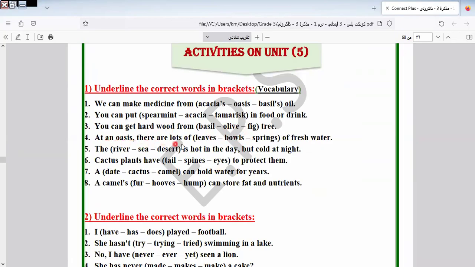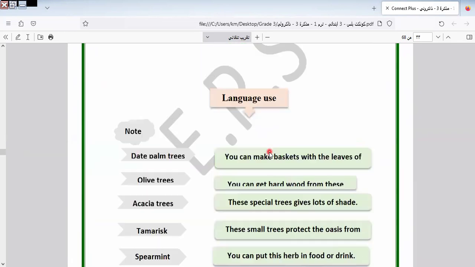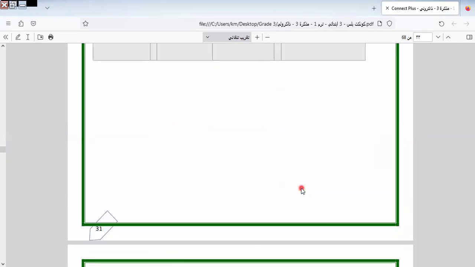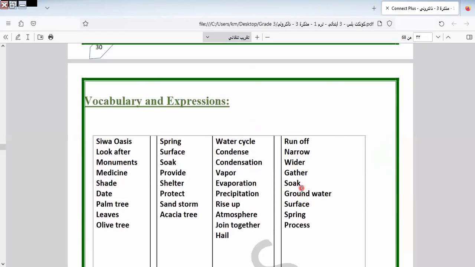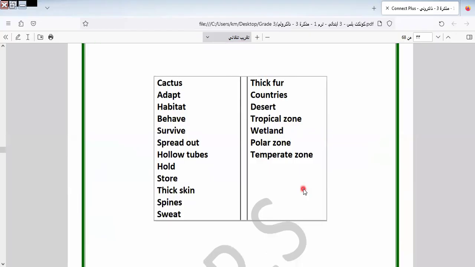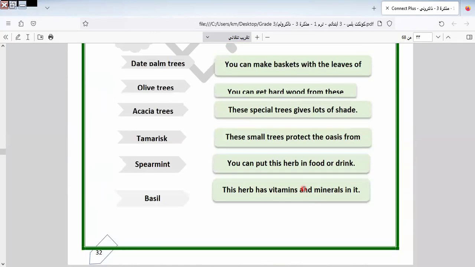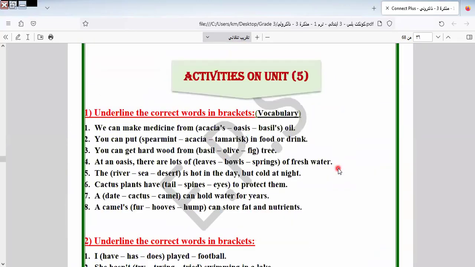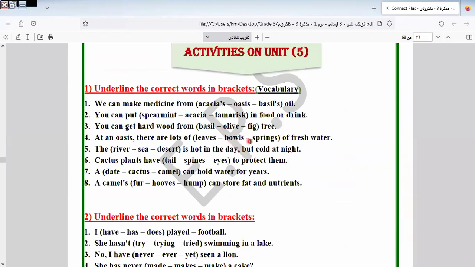At an oasis, there are lots of fresh water springs. Not leaves or boughs, not boughs, not leaves.